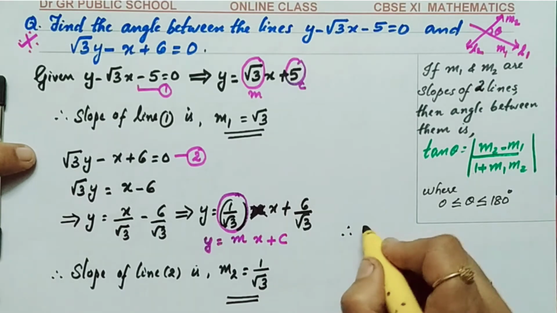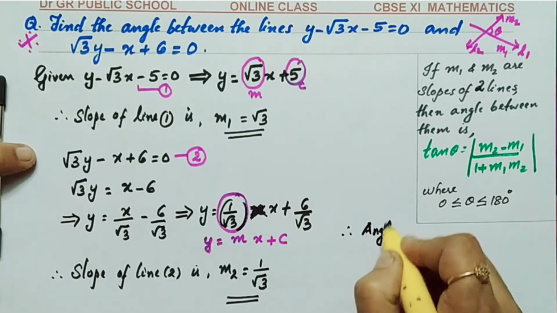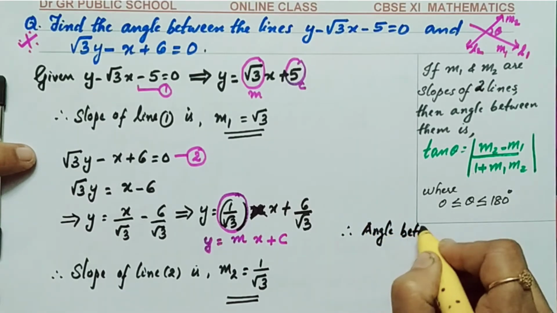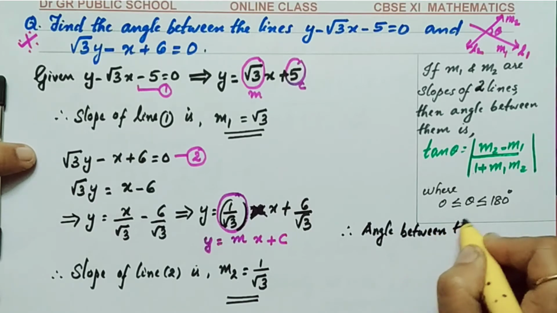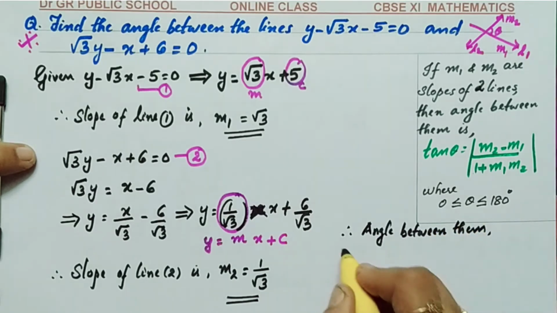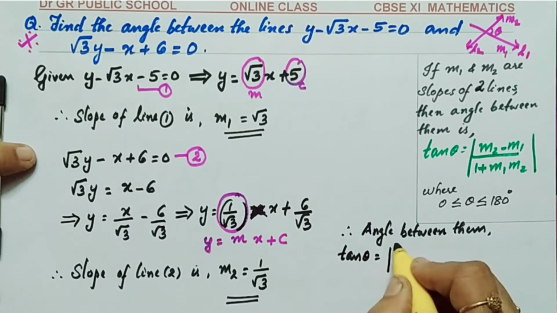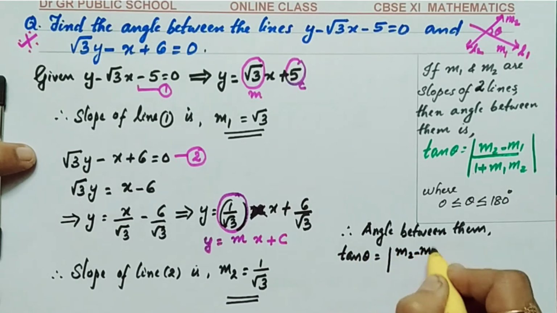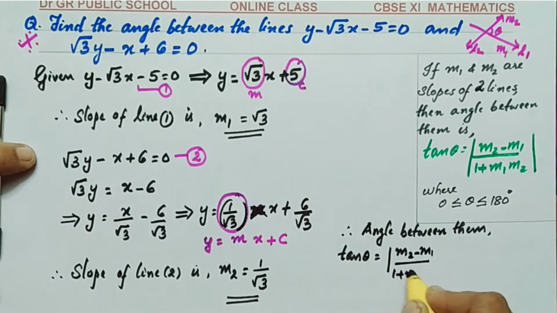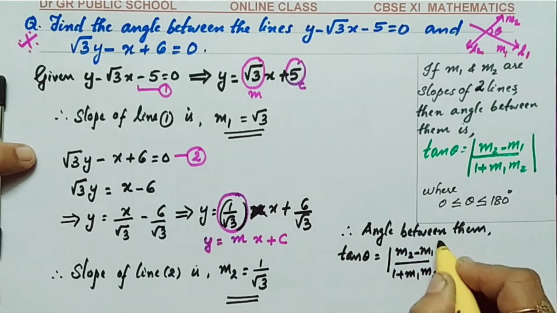Therefore, the angle between them, we can apply the formula tan theta equals modulus of m2 minus m1 divided by 1 plus m1 into m2.